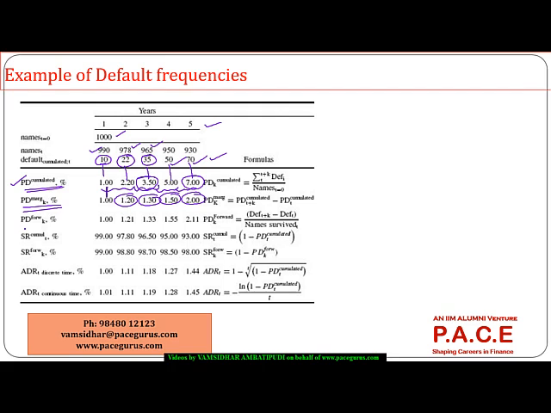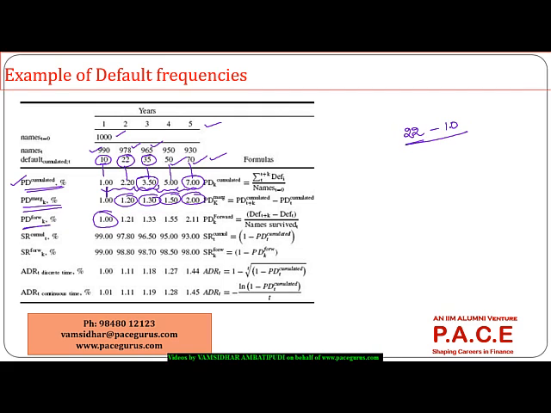Then I am talking about the forward probability of default. For the first year it will always be the same. But in the second year, 22 had defaulted by the end of the second year, and 10 had defaulted by the end of the first year.